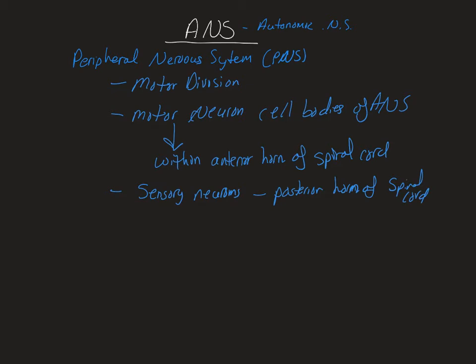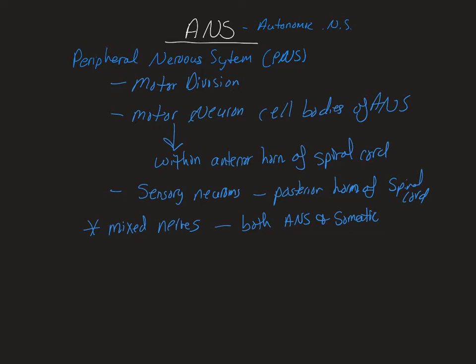All right, so same pattern. The reason you've got the same pattern is because, remember, most things are mixed nerves. So both autonomic and somatic are running together, interacting with their nerves, interacting with the spinal cord in the same way.